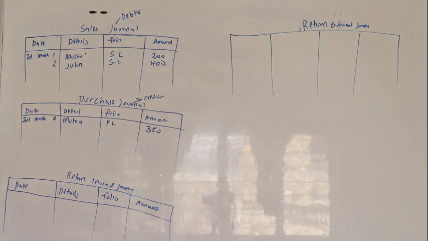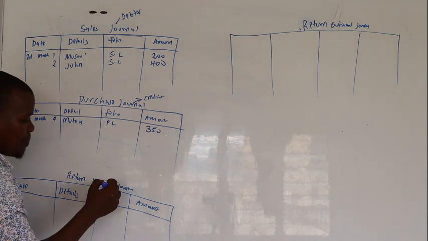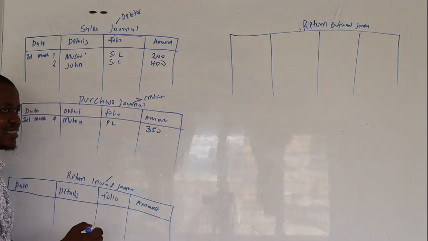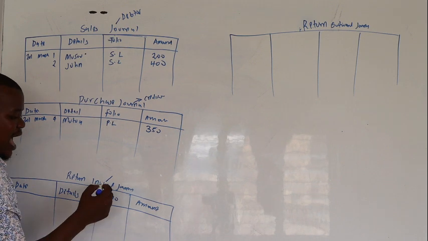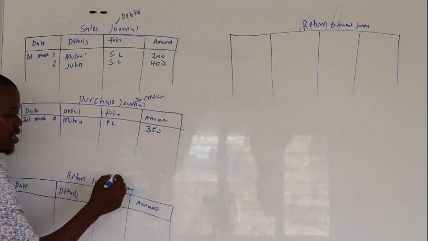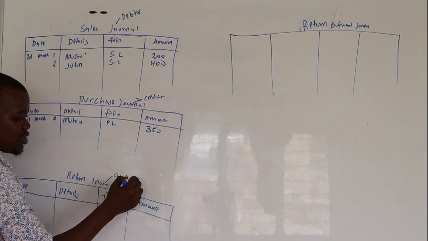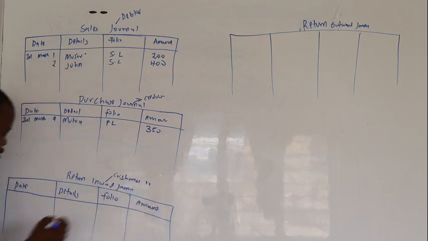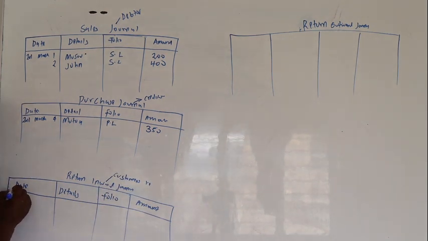The other date is date number 5. Return from Musau. I told you those are returns inward, customers' returns, and we record them in the returns inward.